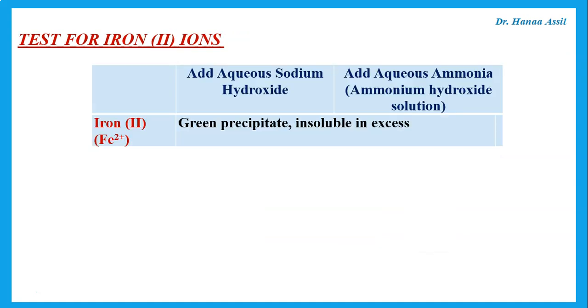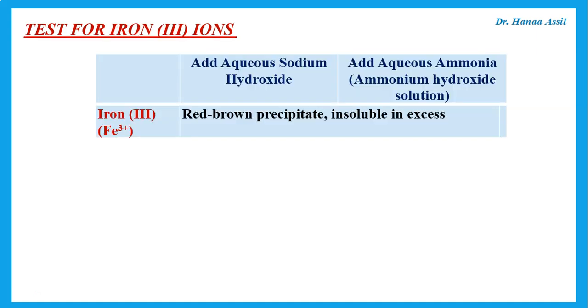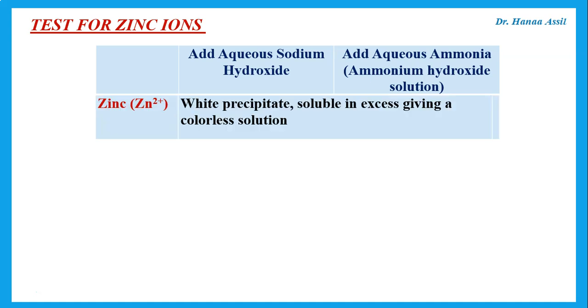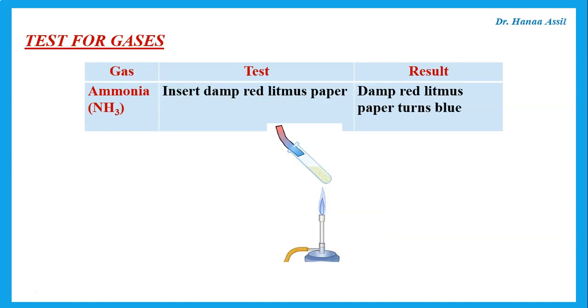solution. Iron(II) with sodium hydroxide or ammonia would give a green precipitate. Iron(III) with both of them gives a reddish brown precipitate. And zinc with both of them gives a white precipitate soluble in excess, giving a colorless solution.